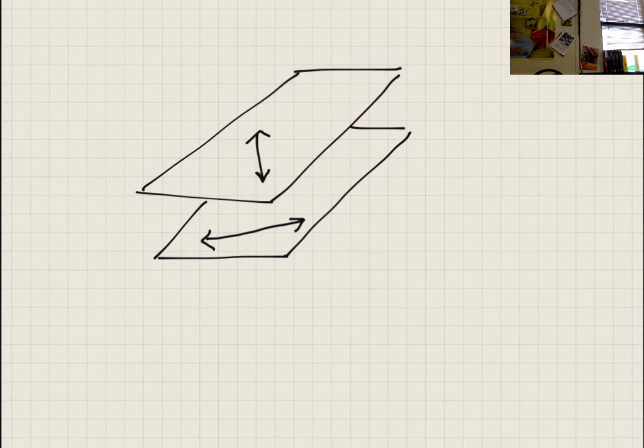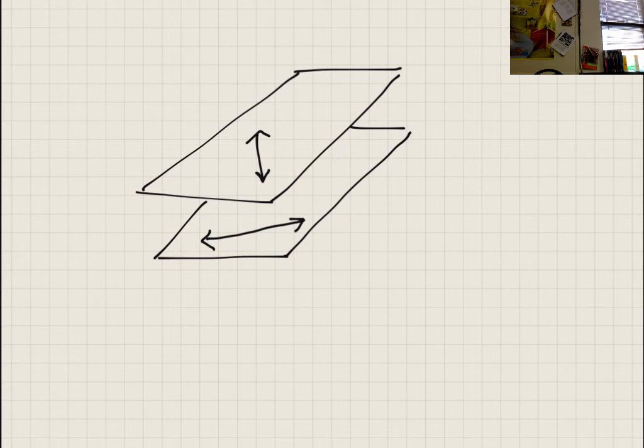And on this one, I draw the line so that it's going in a different direction. So I have a line on both planes, like this. And when I put them over top of each other, like so, do they intersect? No.